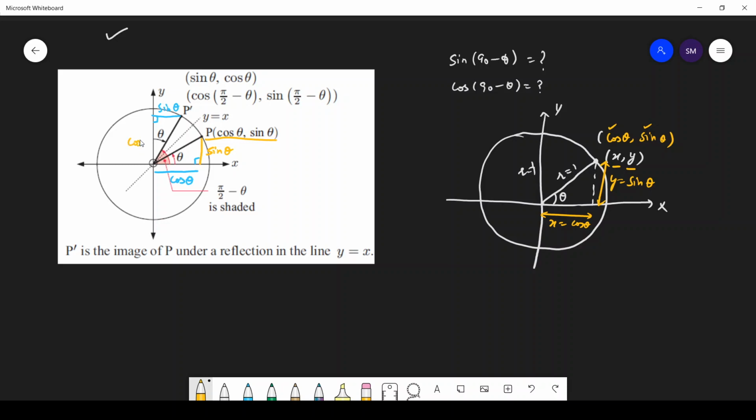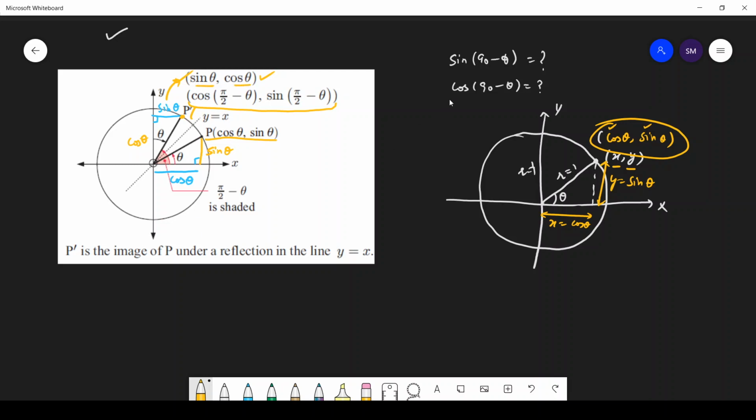Because both triangles are congruent, their corresponding parts will be equal. So the coordinates of this point, the x, y coordinates, are sin theta, cos theta.